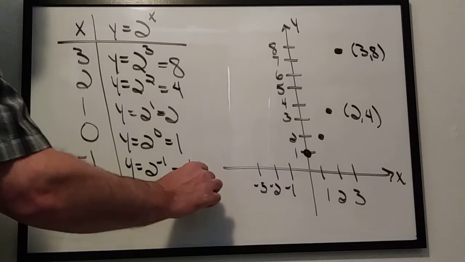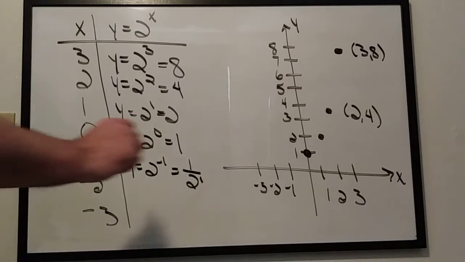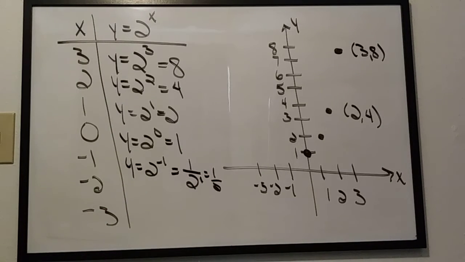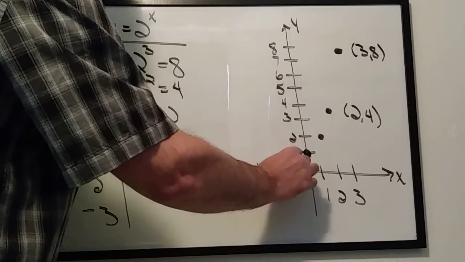I'll write it the first time, but I'm not going to write this a lot. Notice once again that we have 2 to the first. We've talked about this before. 2 to the first power is really just 2. So this is really just 1 over 2. So we have another point, negative 1, 1 half. Well, negative 1, 1 half is going to be right there.